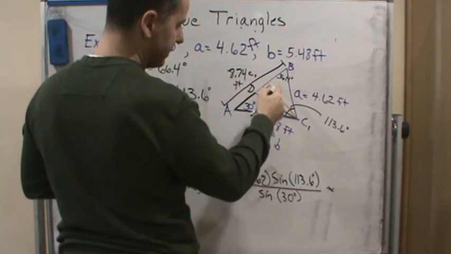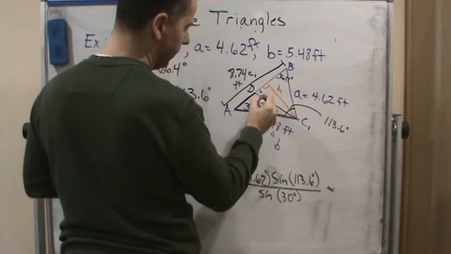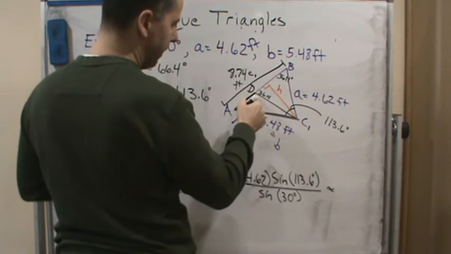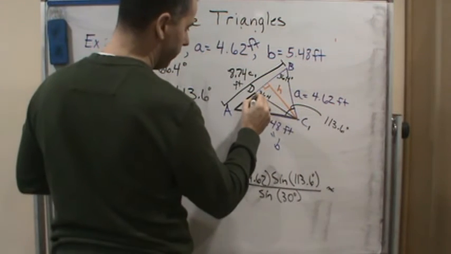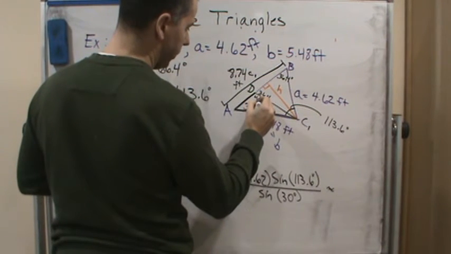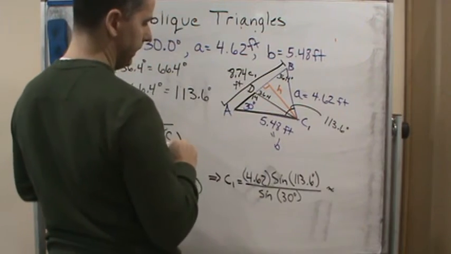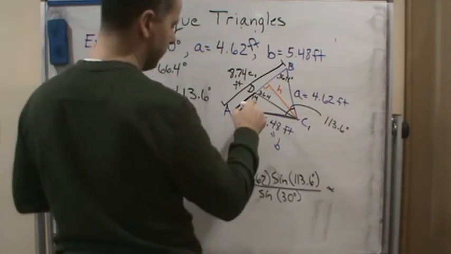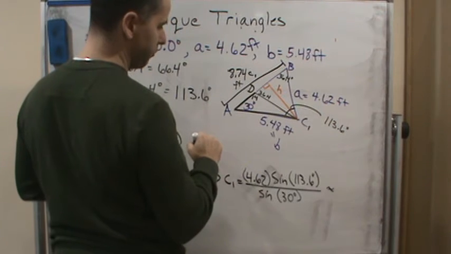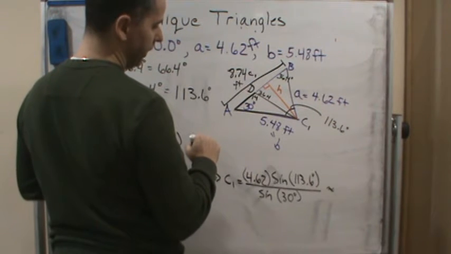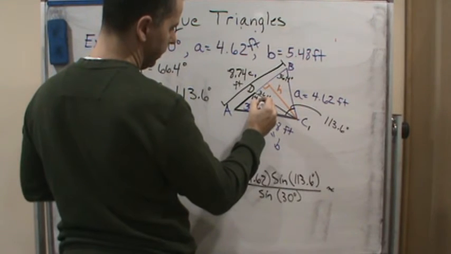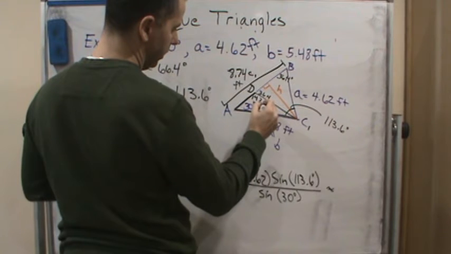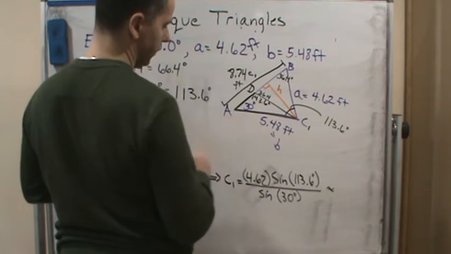Since this is an isosceles triangle, this is also going to be 36.4, and that means this angle is going to be the supplement of this. Because this has to add up to 180 degrees, that's going to be 143.6 degrees.